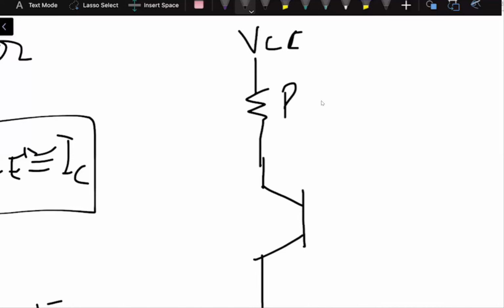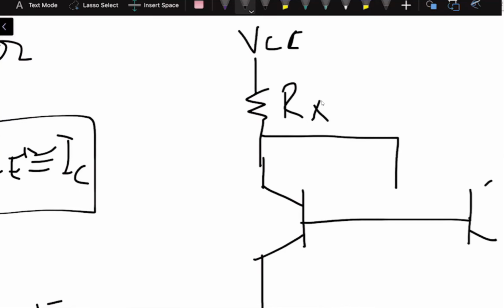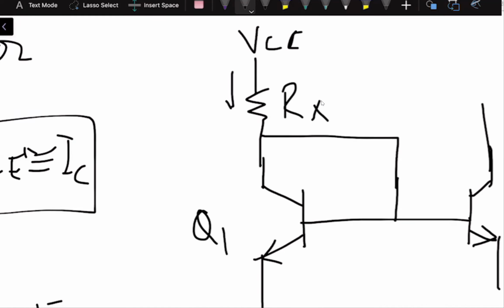We have Rx, and then this is connected to the two transistors, right? Over here like this. So this is Q1, and this is Ix, which is flowing over here. And over here we have the ground connected.